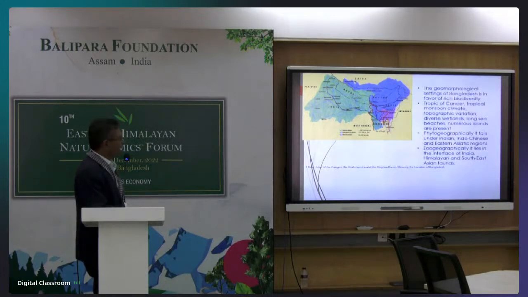This region is influenced by monsoon climate, and there are many water bodies also in this region. Phytogeographically, this region includes several settings, including China, India, Myanmar, and this is a very highly diverse region. And in addition to plants, there are many different species of animals present in this region.